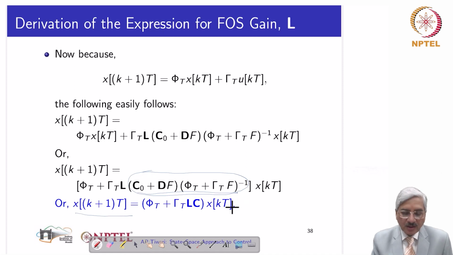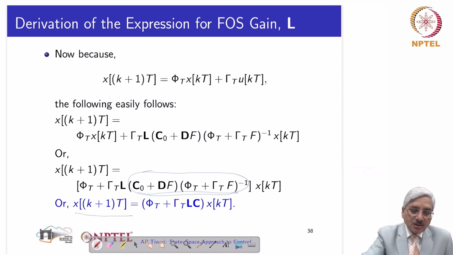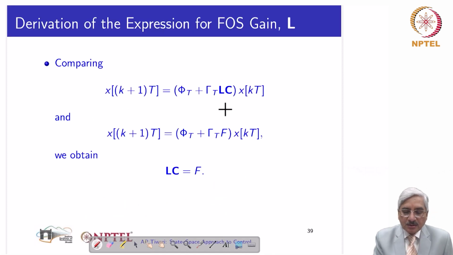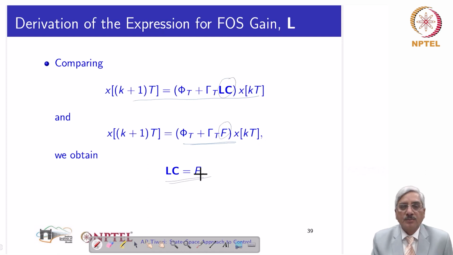This relationship we obtain. And of course, this is also comparable to phi tau plus gamma tau f x(kt), and that means LC and f should be the same. This is what we obtain, LC equal to f.